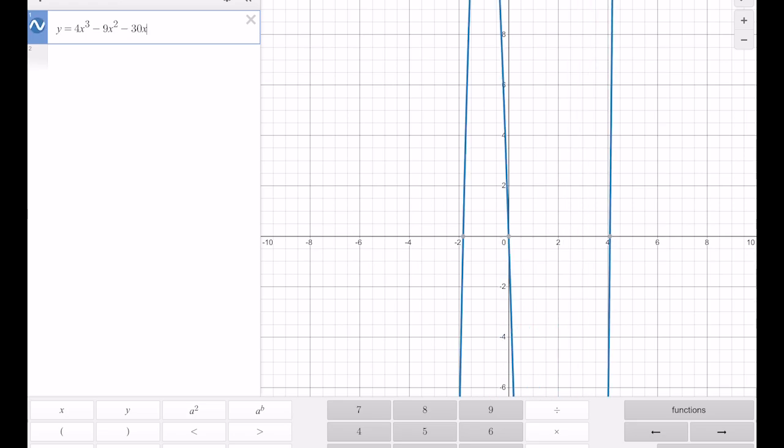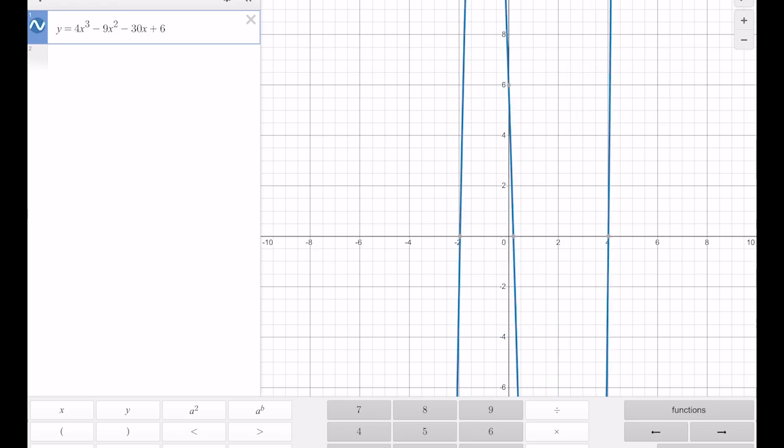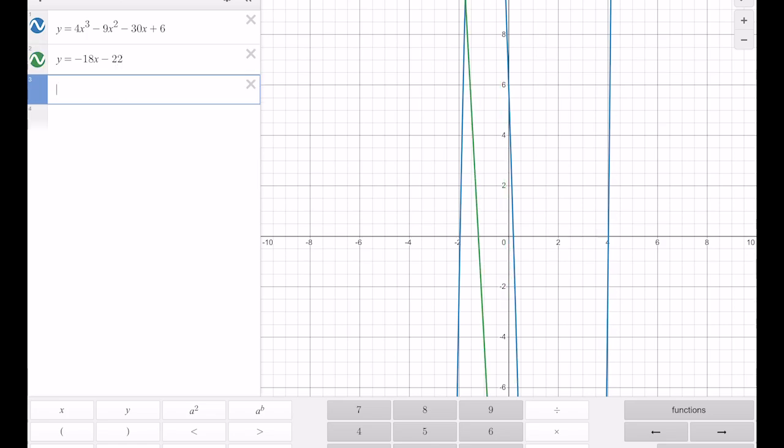Okay, so here's my function, right? Now I'm going to plot this. Y equals negative 18x minus 22. And let's also graph the point 2 comma negative 58. Okay, label that. So we're going to be down here.